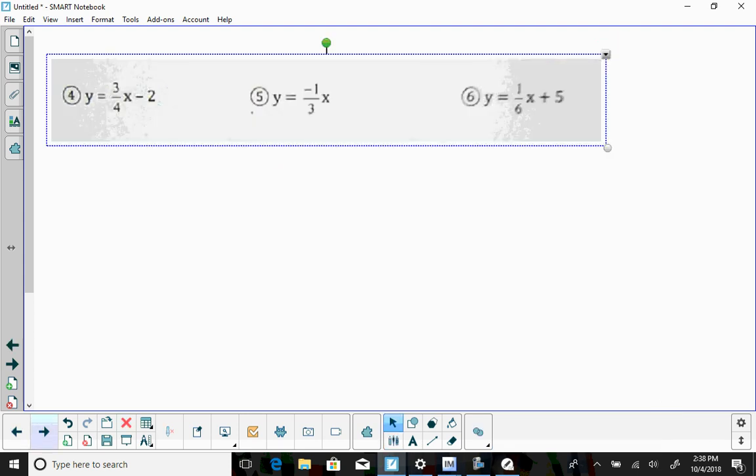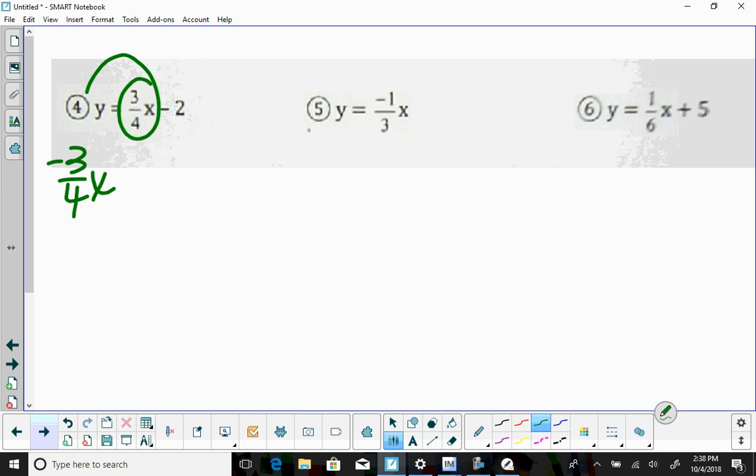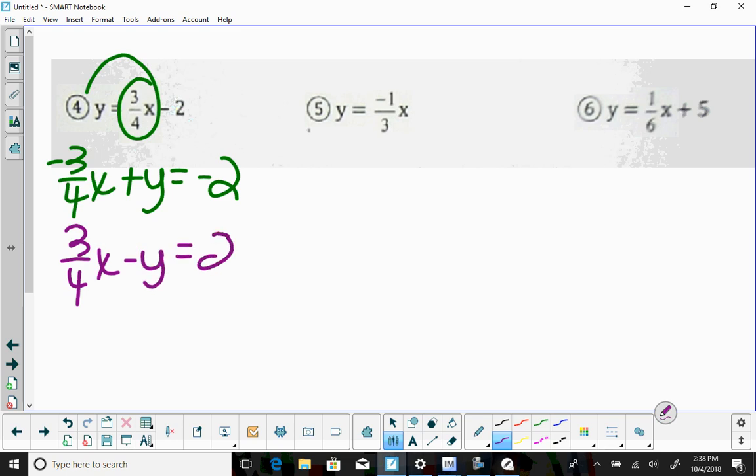Okay, the next 3 of those, when I move 3/4 x this time, it is going to become negative. Okay, I'm going to go ahead and change all of my signs. And then I'm going to multiply by my denominator.